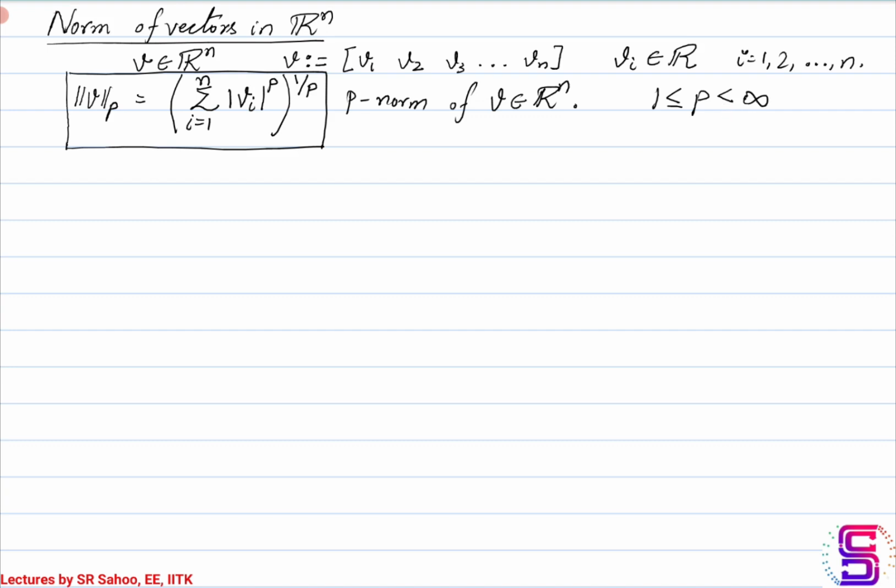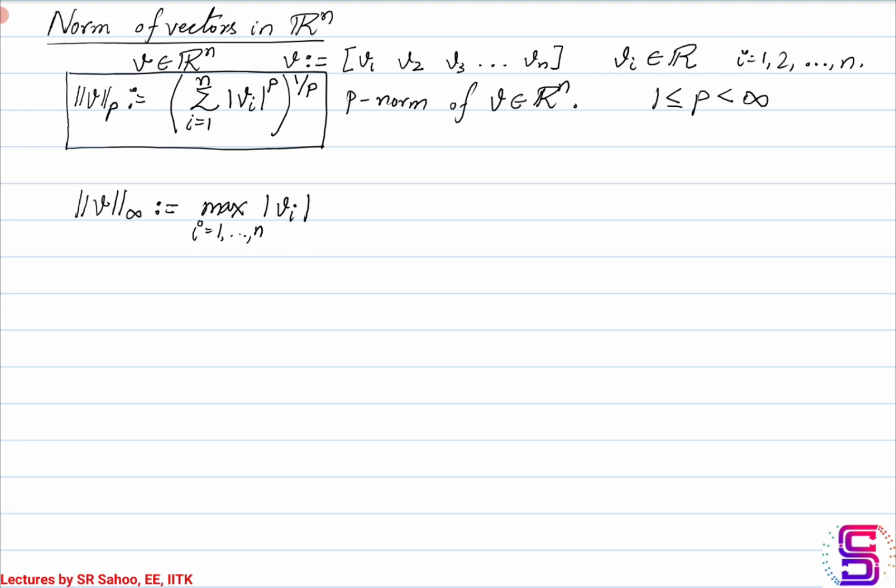Now, if you want to calculate the infinite norm of a vector, the infinite norm is defined as the max of the absolute value of all components. You take the absolute value of all components and see what is the maximum of those absolute values.